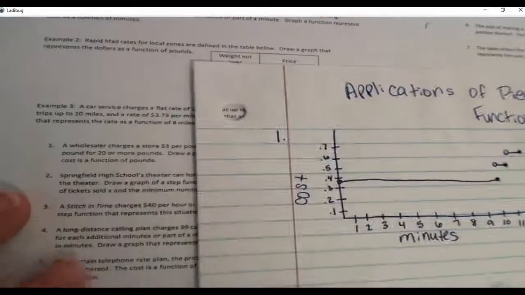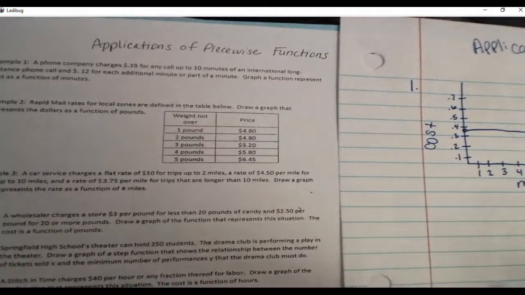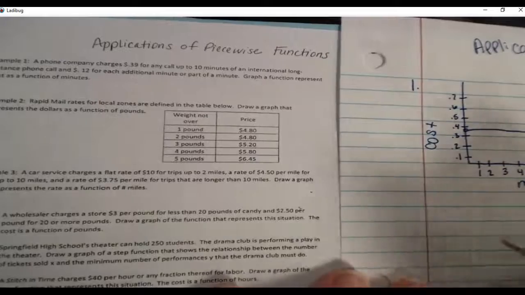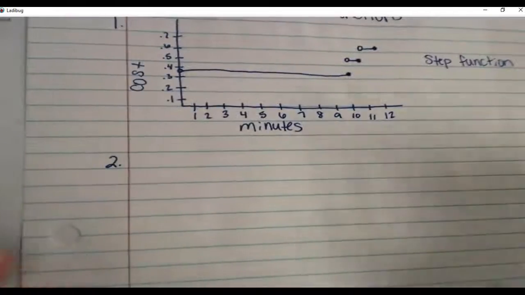Let's look at number 2. Number 2 says rapid mail rates for local zones are defined in the table below. We want to draw a graph that represents the dollars as a function of pounds. So again, we want to draw a graph.